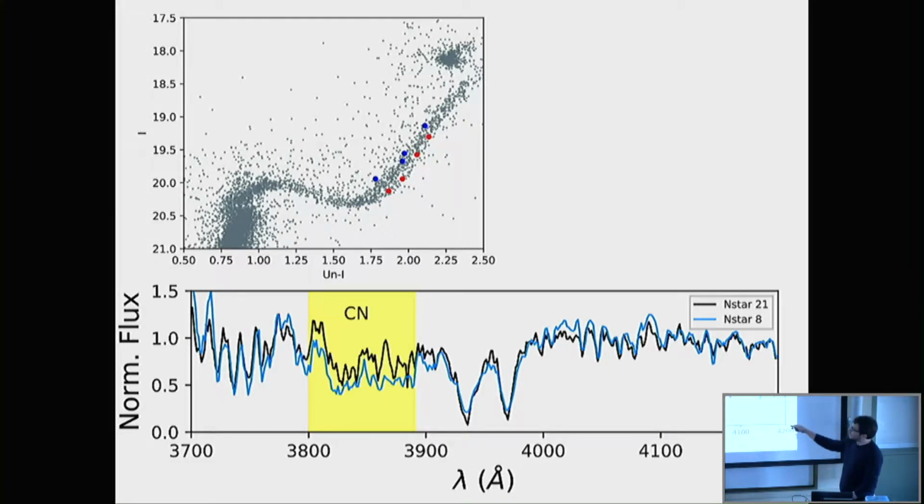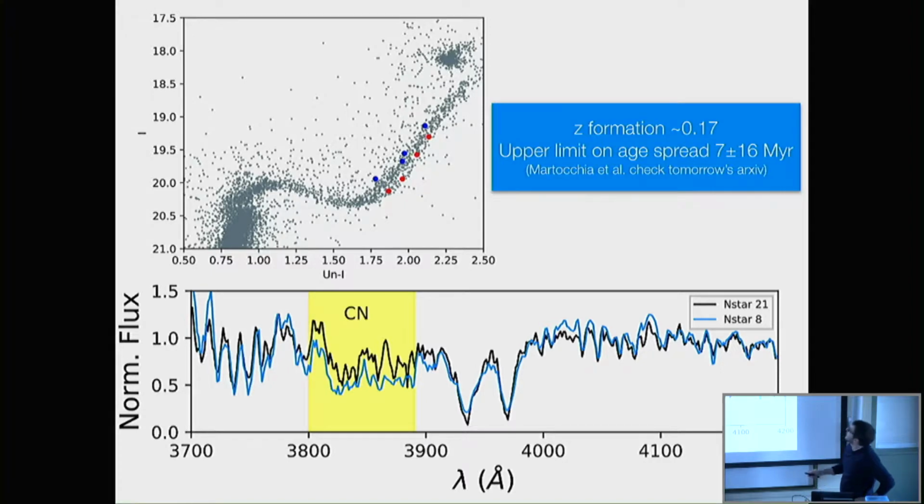We have the spectra, and all the stars have the same carbon abundance. So what is changing here is the nitrogen. We see these changes in the spectra, so it's not a systematic effect of the observations. It's a real signal that we are seeing. And to put this into context, we're talking about something that formed at redshift 0.17. So it's basically today.